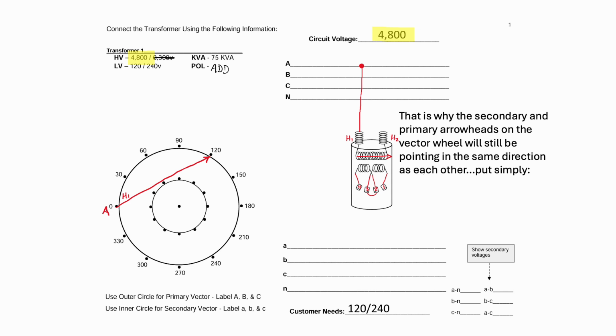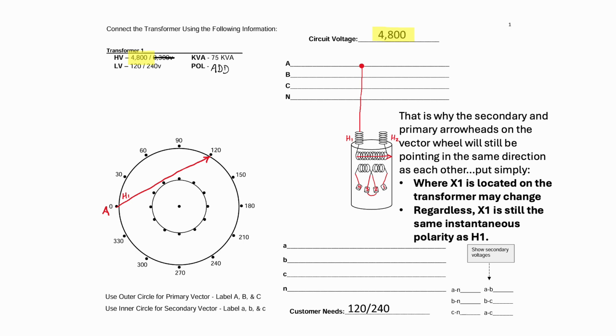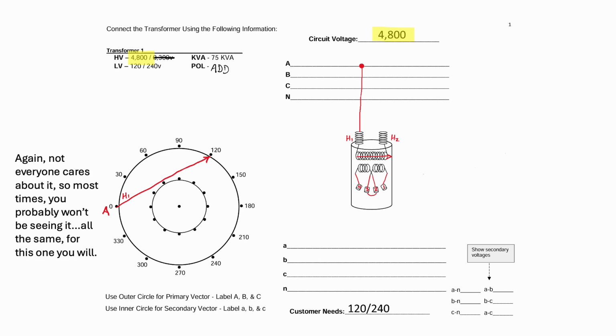That is why the secondary and primary arrowheads on the vector wheel will still be pointing in the same direction as each other, because we put X1 and H1 coordinating with each other over there. Put simply, where X1 is located on the transformer may change, but regardless, X1 is still the same instantaneous polarity as H1. Again, not everyone cares about the arrows, so most times you probably won't be seeing them. All the same, for this one, you will.